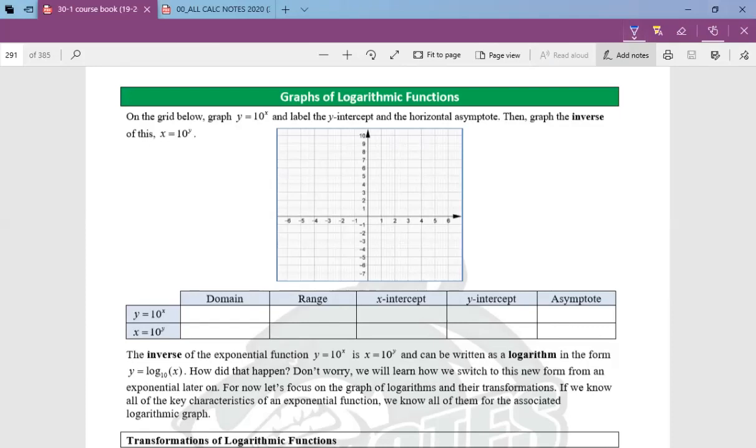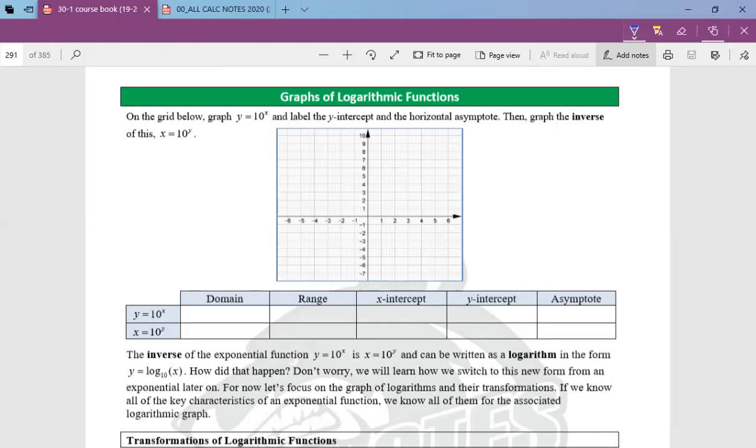Just like when we multiply by something, the inverse operation would be to divide. If you cube something, the inverse operation would be cube rooting. So a logarithm ends up being the inverse operation of an exponential.